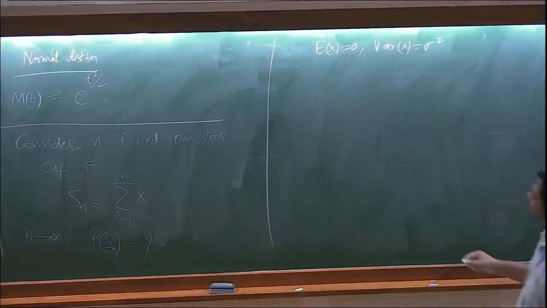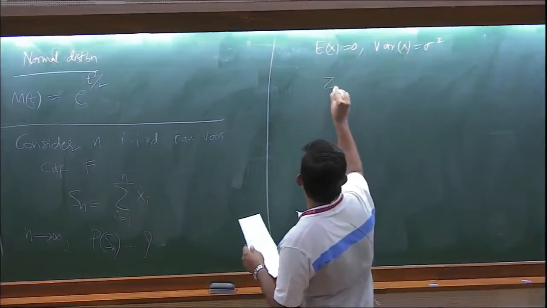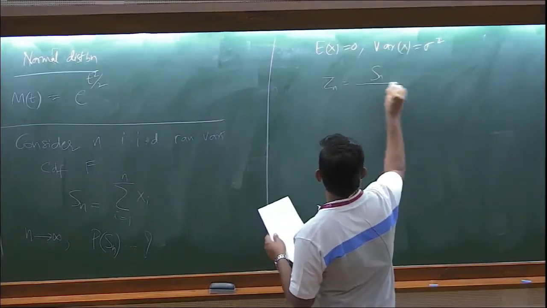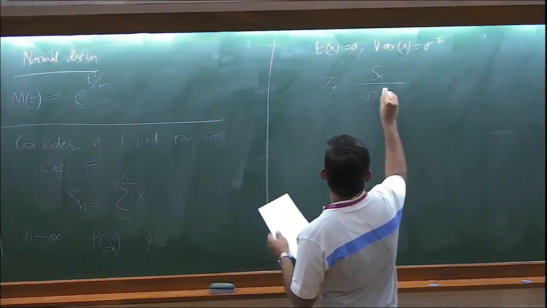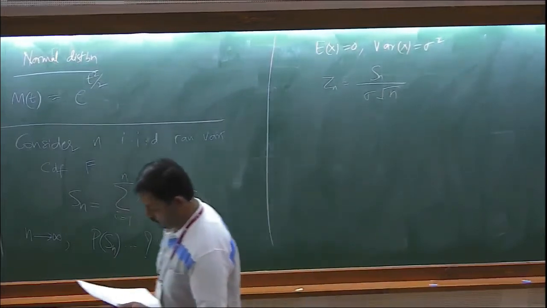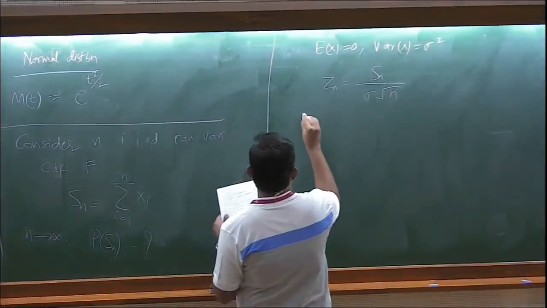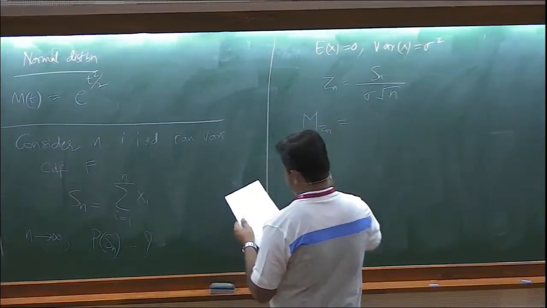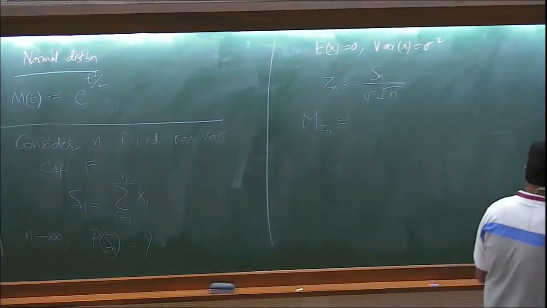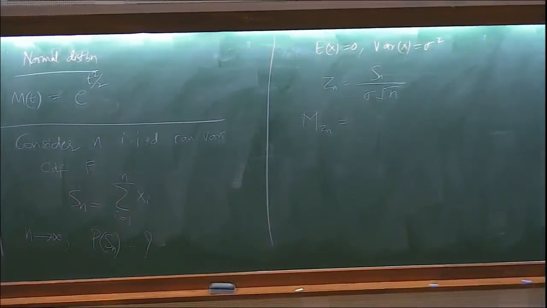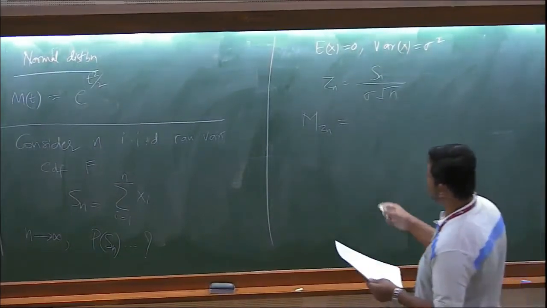So if you define some scaled variable, Zn, which is Sn divided by sigma times square root of n, and look at the moment generating function for Zn. Remember, all of them are independent random variables. They're identically distributed.